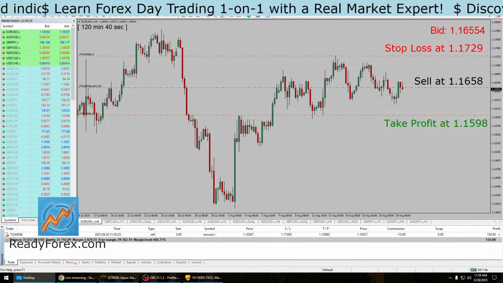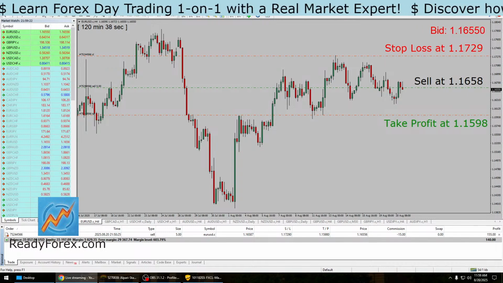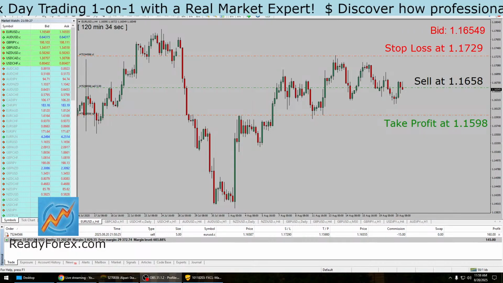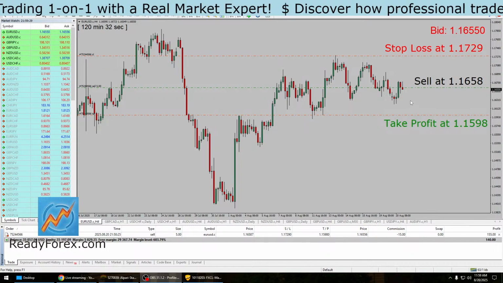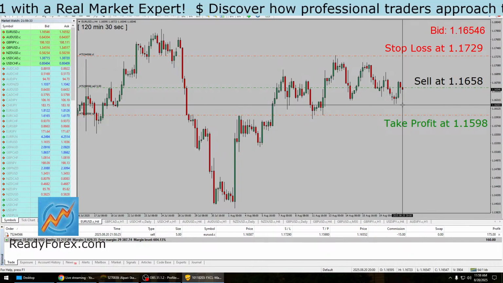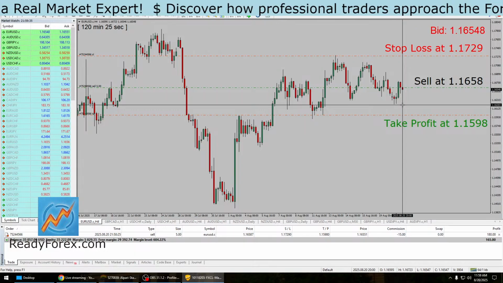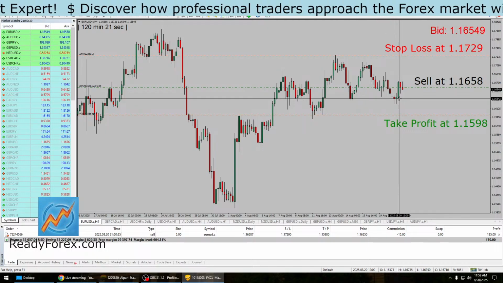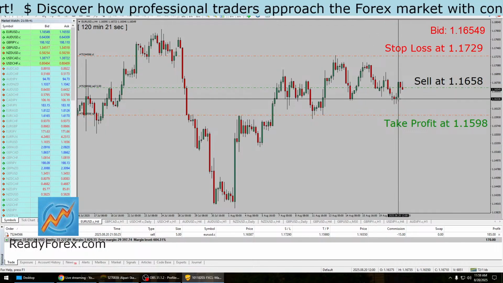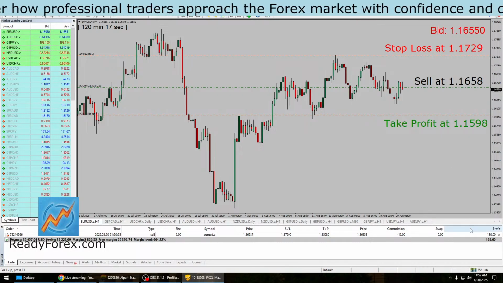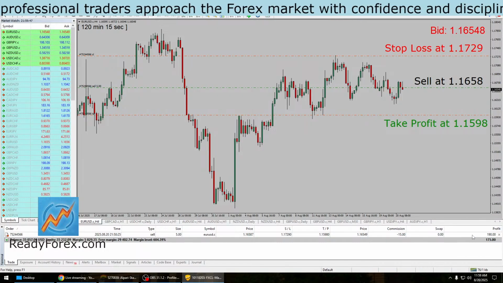Okay, the trade must be in profit. Now once market breaks below the low over here, this low over here, then what I'm going to do is lower down my stop loss, especially if market touches the low of this green color candlestick over here. Okay, so right now the trade is in profit.